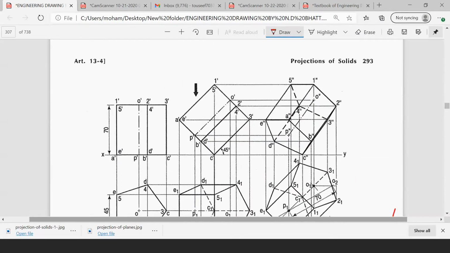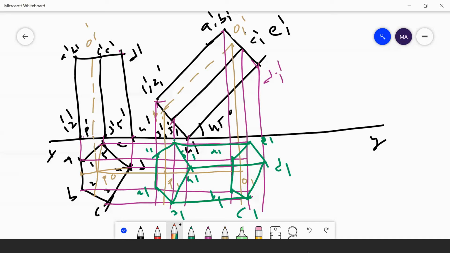Here when you see the diagram, how we draw hidden lines: what are the visible parts we need to draw with a dark line. Hidden lines will be drawn with a light color.